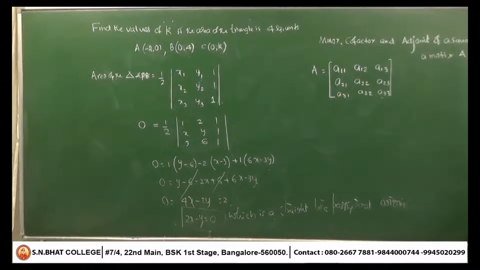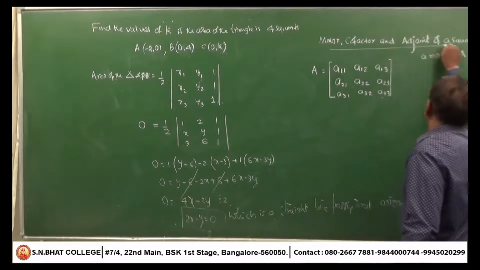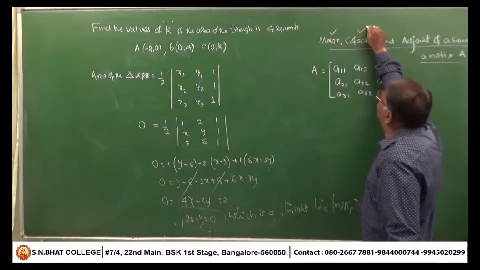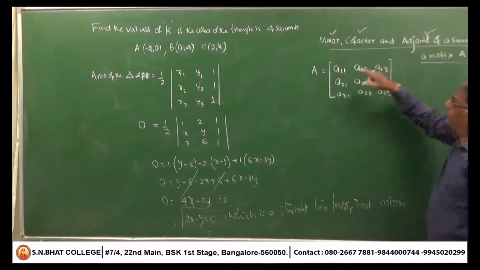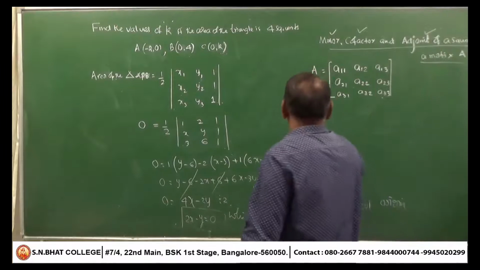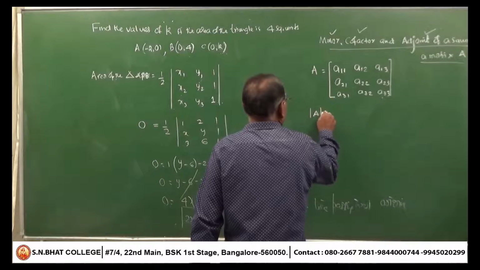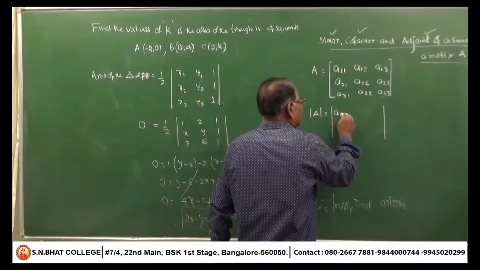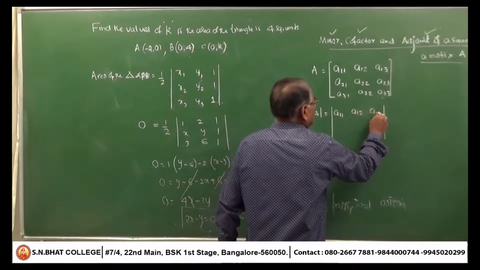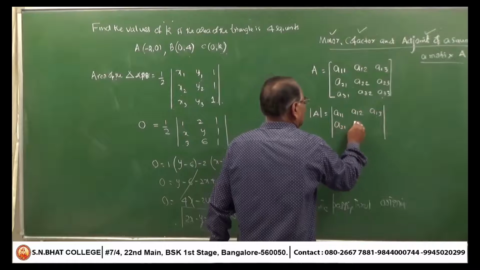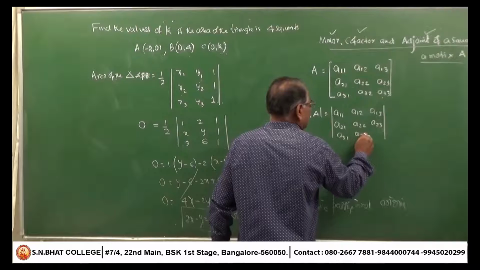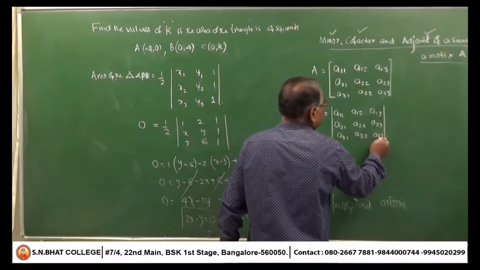Heading is minor, cofactor and adjoint of a square matrix. Here, minor and cofactors are determinants, adjoint is a matrix. Therefore, I have taken the matrix A. Tell me what is the determinant of A? Just write the determinant instead of matrix: a11, a12, a13, a21, a22, a23, a31, a32, a33.